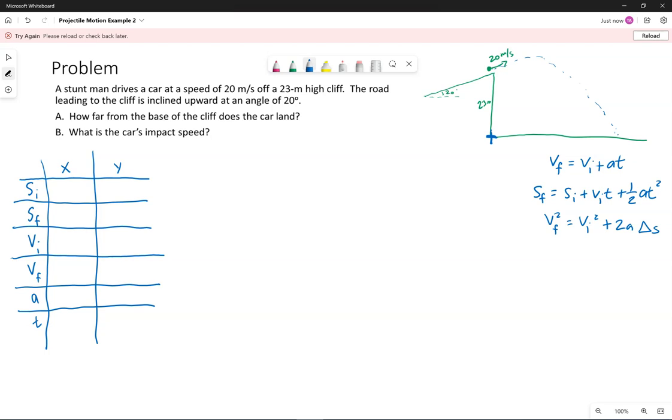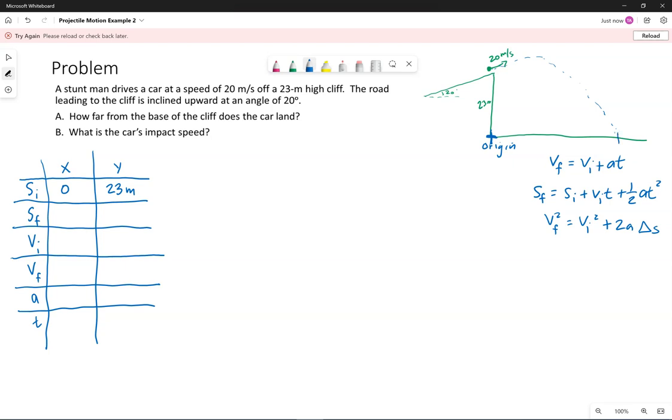So if I put my origin down here at the bottom, I am defining the initial X position to be 0. I know the driver is driving off of the cliff, so the problem tells me this cliff is 23 meters high, so that would be my initial Y position.